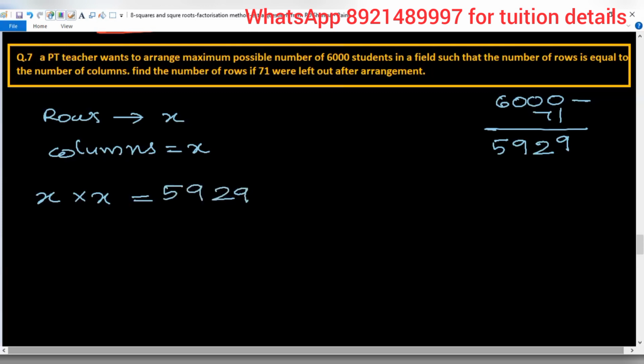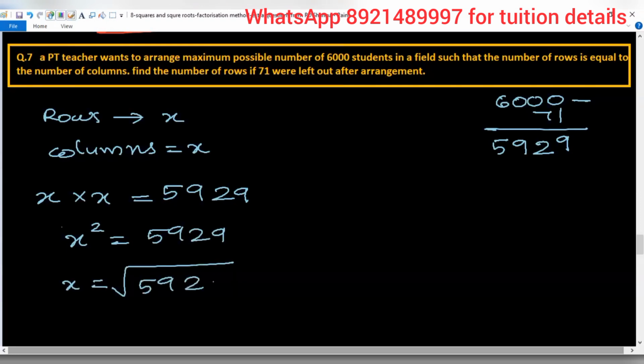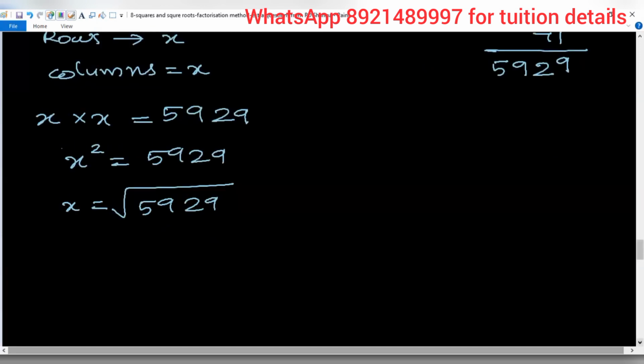From here, we have to find the value of x. The number of rows is asked, so we have to find the value of x. Actually, here x square is given, right? x into x, that is x square, is 5929. In order to get the value of x, what do we have to take? The square root of 5929. Now, we will do the factorization method.